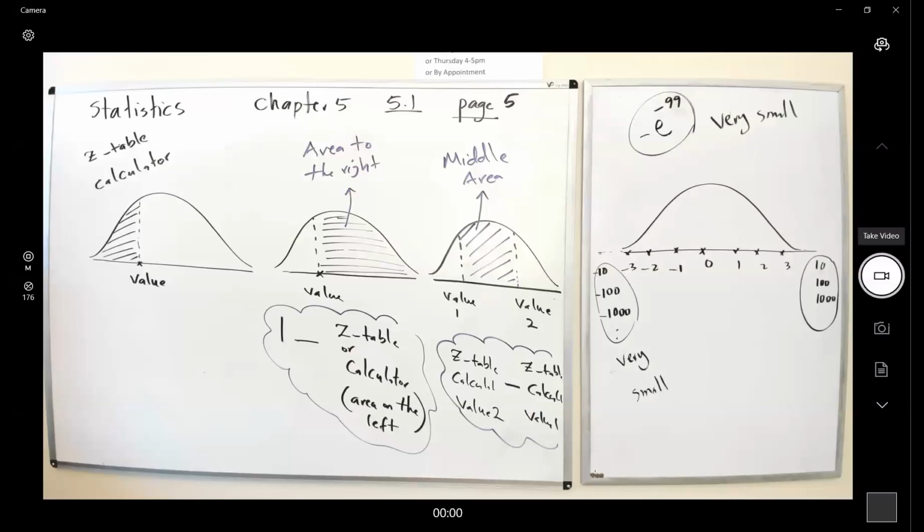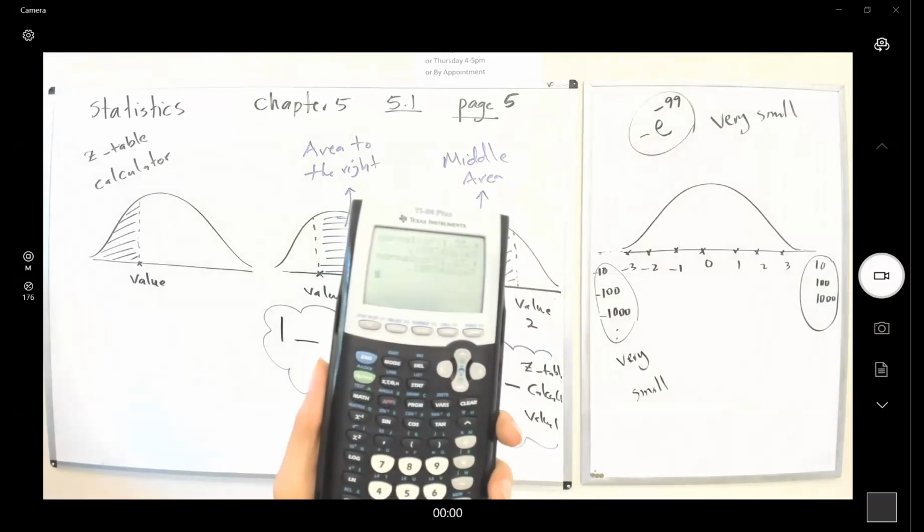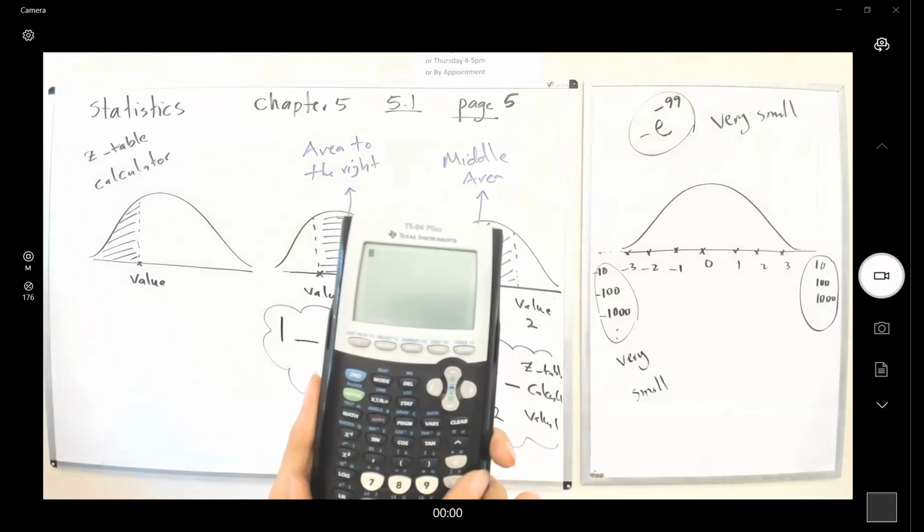Let us use our calculator to calculate these two probabilities, 1.23 and negative 0.75. So here, let me clear the whole thing.